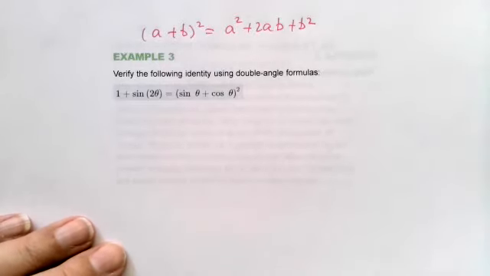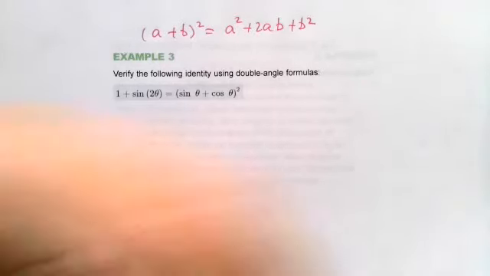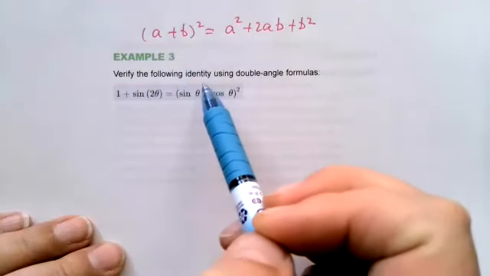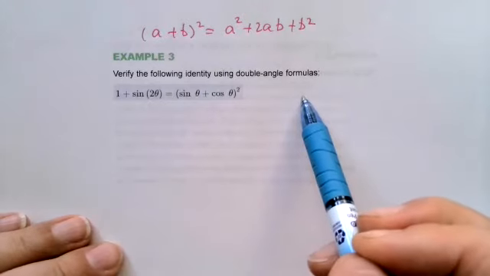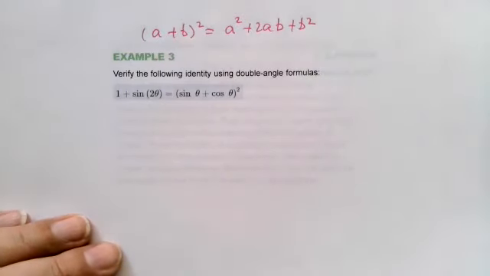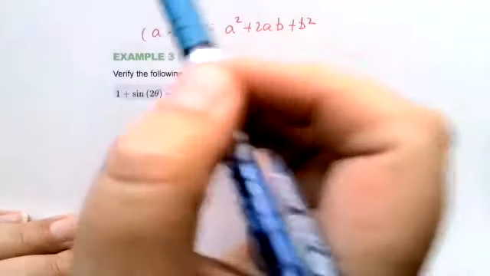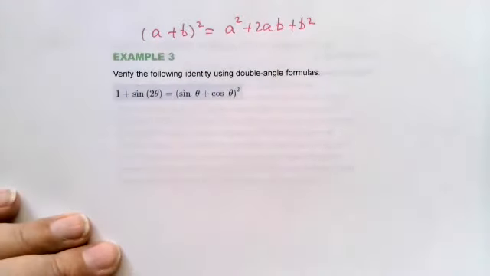Let's take a look at our next example, example 3, and it says verify the following identity using the double angle formula. I'm going to use our strategy for verifying identities. I'm going to pick one side, work with it, and see if I can get it to be equal to the other side.